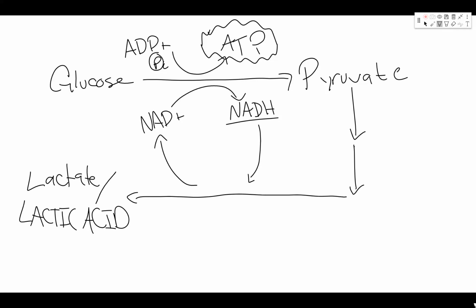We are only getting this 2. So we have to do this a bunch of times in order to get enough energy to make up for not having that electron transport chain. Which is why this step is important. Because we need that NAD plus in order to keep glycolysis going.